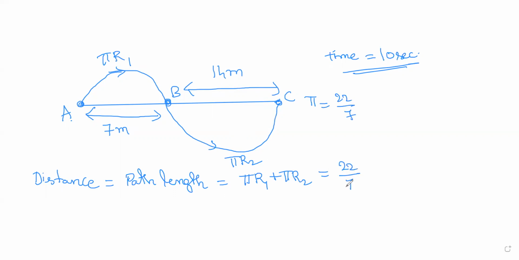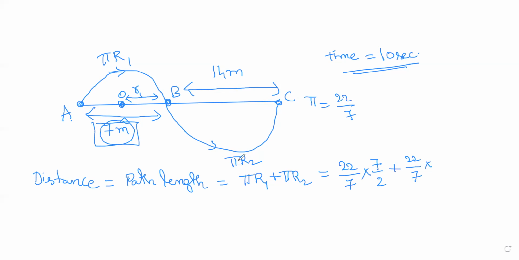So 22/7, but most students make a mistake by taking the diameter itself as the radius. The radius here is half of the diameter, so that is 7/2. Half of the diameter, that's the radius. From this point onwards, the radius will start. So that is the radius r1 for us, 7/2, plus you have 22/7.